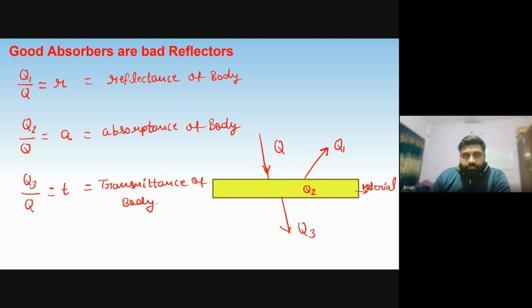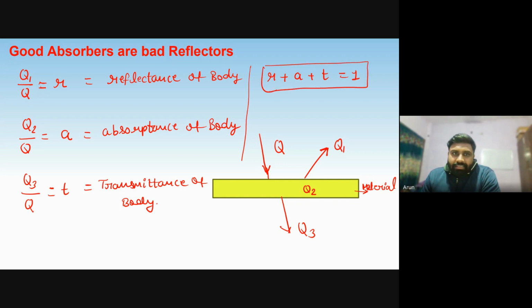Got it? R plus A plus T is always equal to 1, because R is the reflected heat, A the absorbed heat, and T the transmitted heat, and together they equal the heat that is incident on the material.